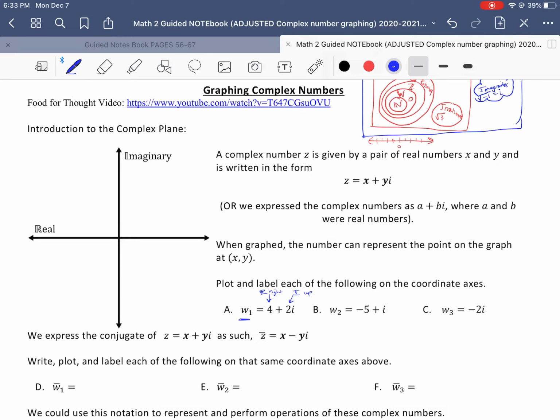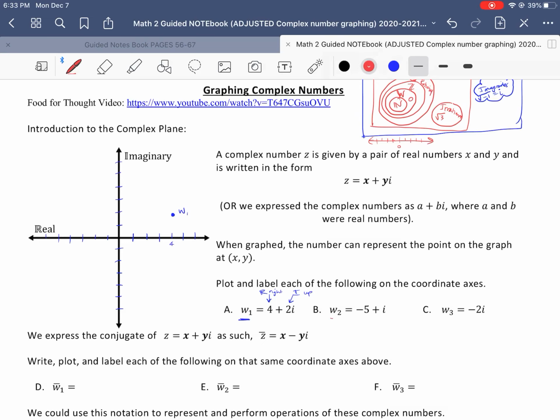And because it's positive, we're going to go up. I'm going to draw some little tick marks really quick, as evenly spaced as possible. So 4 to the right, 1, 2, 3, 4, and we're going to go up 2, and I'm going to place that dot right there. That represents w sub 1.